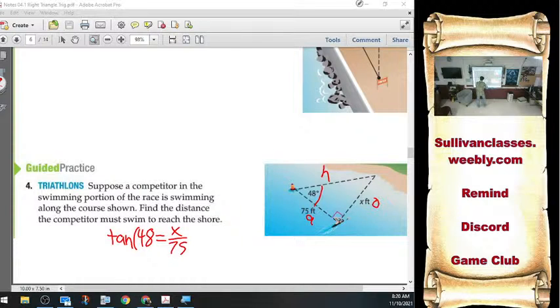Cross multiply. X equals tangent of 48 times 75, which is about, someone help me here. 83.296.